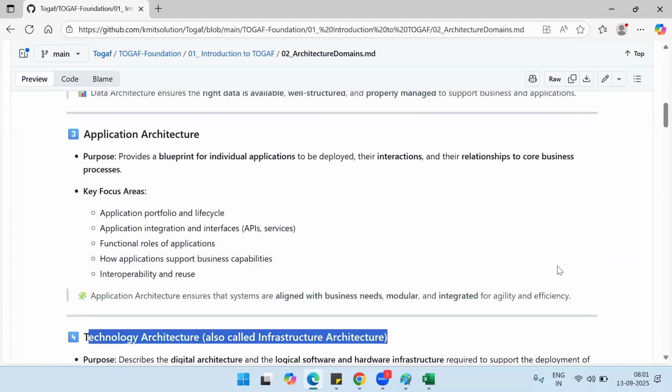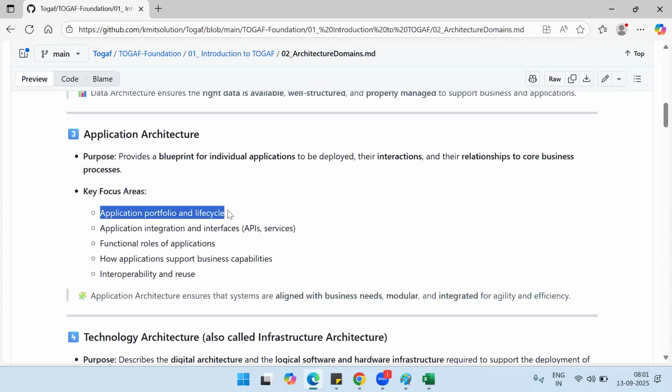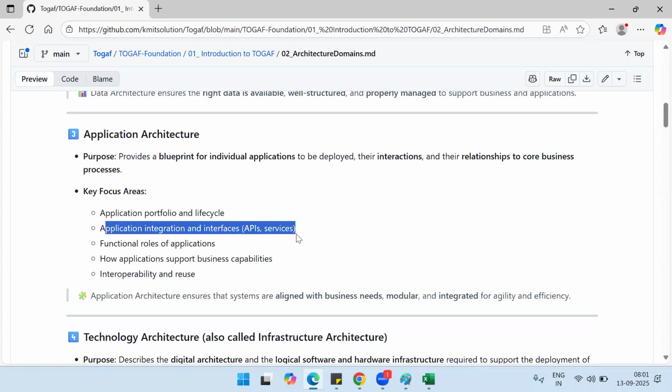Now, next is the application. As I mentioned, it is the blueprint for the individual applications to be deployed, and the interaction and relationship between the business processes. We mainly focus on the application portfolio and life cycle, application integration and interfaces. It means you need to create application APIs. What are APIs?